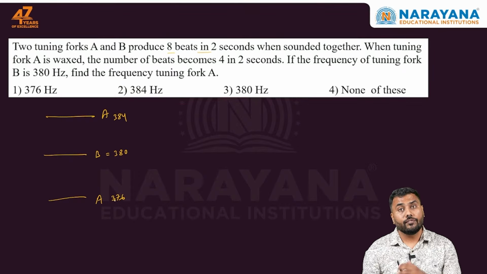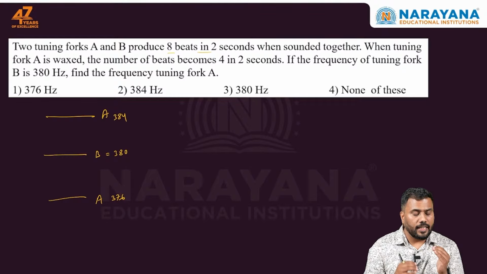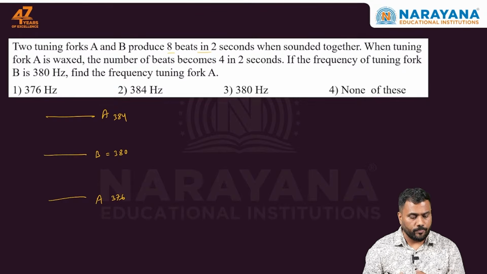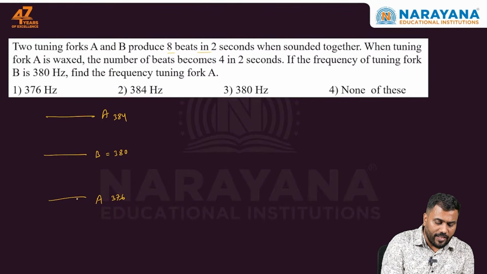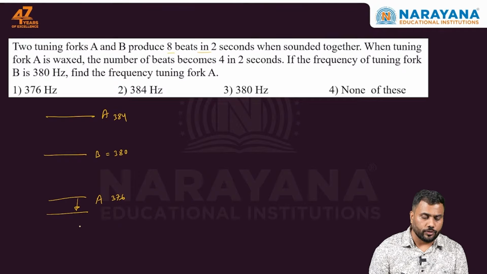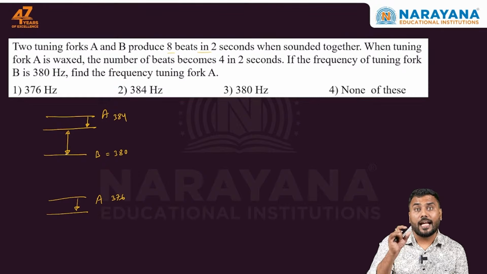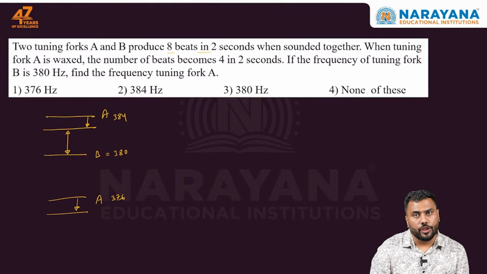Now in the question one more piece of information is given to us: when A is waxed, the number of beats becomes 4 in 2 seconds, that is 2 beats per second. If tuning fork A is waxed and already has a lower frequency, the frequency will reduce further. If the frequency of tuning fork A is higher, then it is reduced, and we can see the beat frequency, that is the gap in frequency, is reduced in this condition.